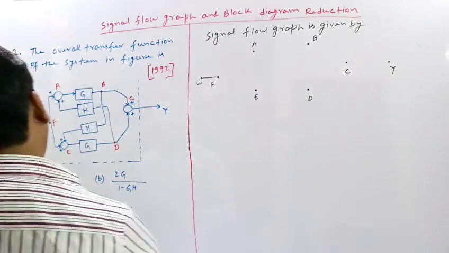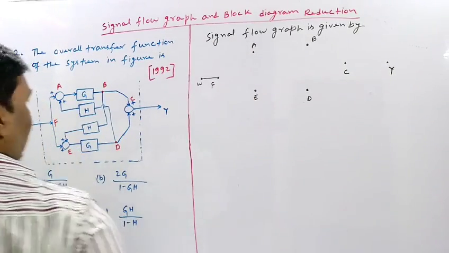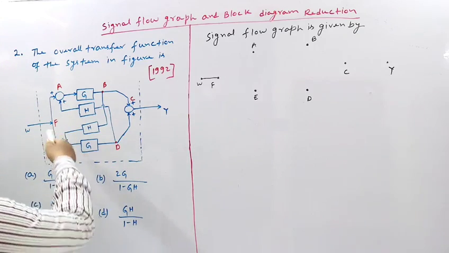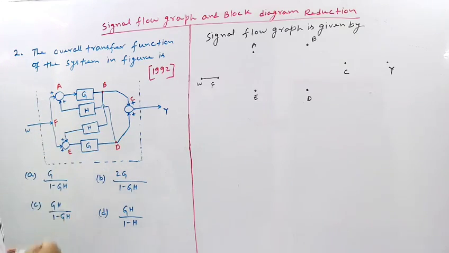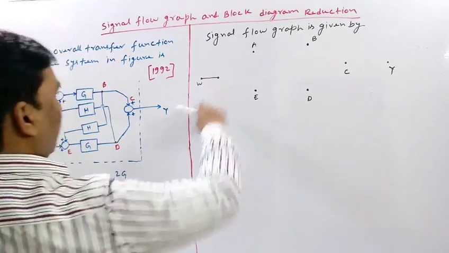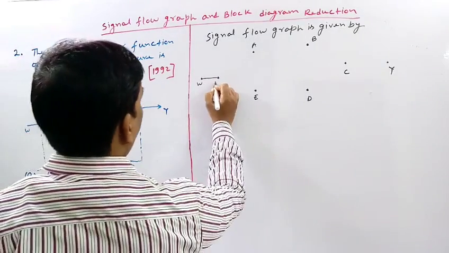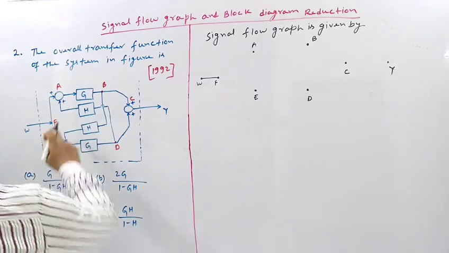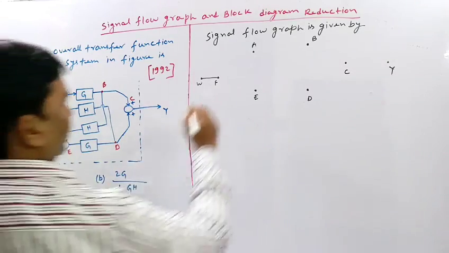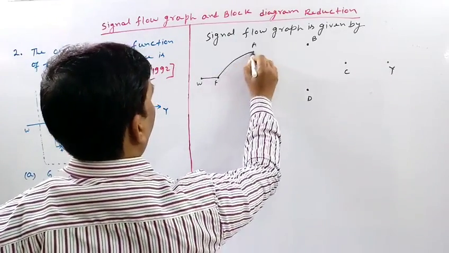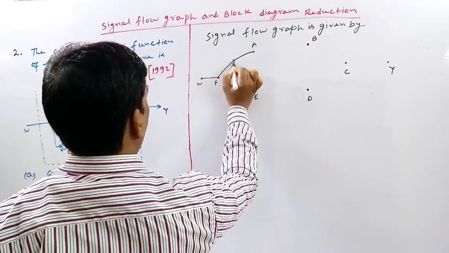Now let us join all the points as they are joined in the figure. W is joined with F. Again F is joined with A, so let us make a straight line to join.